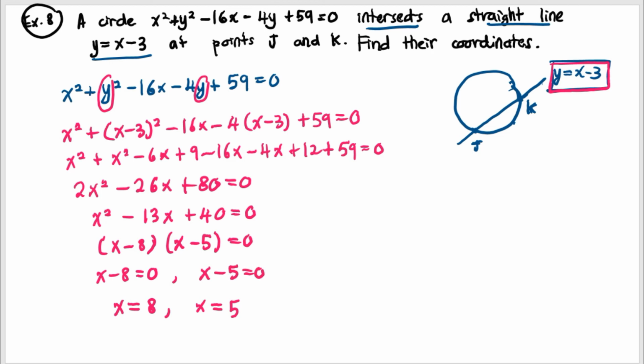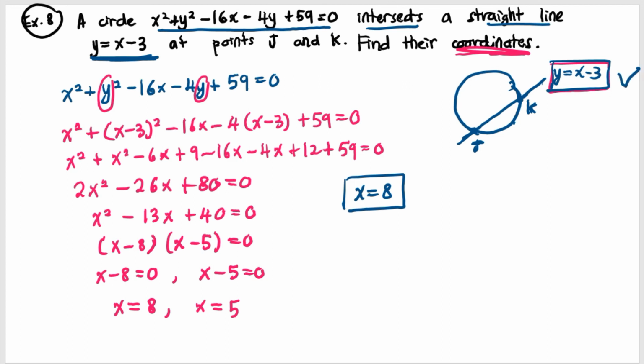Now we only have the x-coordinates. We have to find the coordinates, meaning we have to find the y-coordinate. When x is equal to 8, what will happen to y? Which equation should we substitute into? We can substitute into this equation or this equation. Why? Because points J and K are on both the circle and the straight line, so you can substitute into either equation.